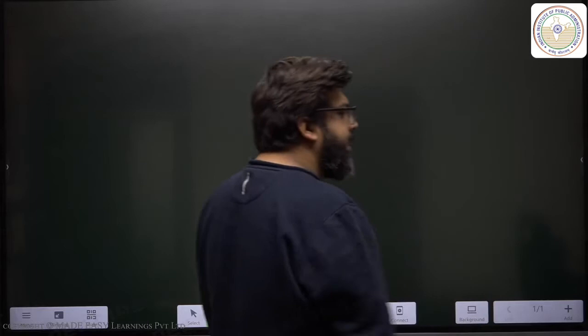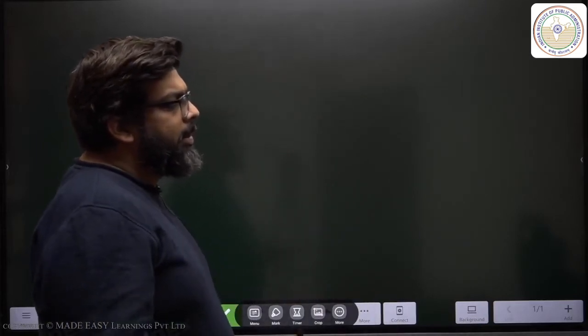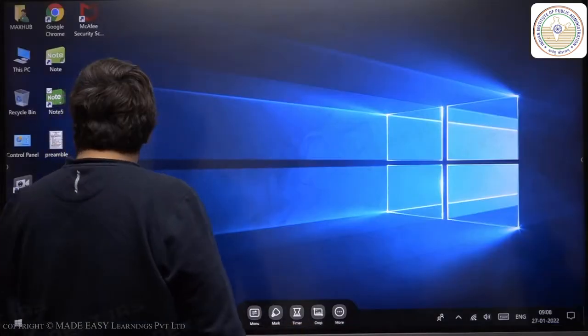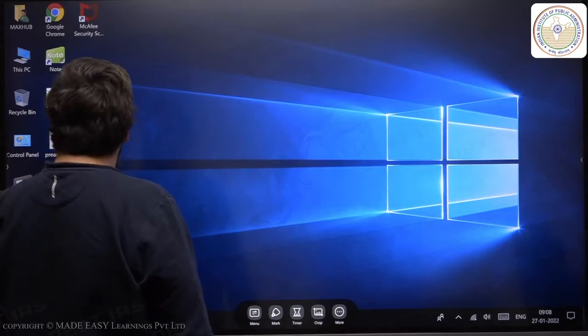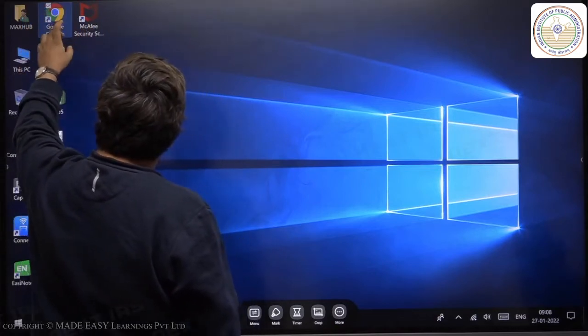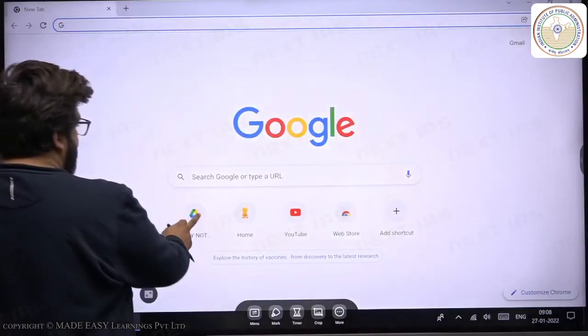Now, one small segment is left for layer two of this topic, which is your analysis of the office of the governor, for which you will find notes directly on your drive, and this is only and only important for the mains.